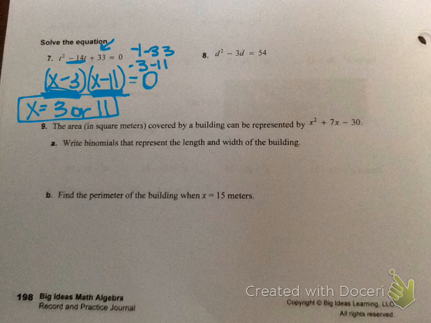On number 8, we have to have this always equal to 0. So we need to subtract 54 from both sides, and so we get x squared minus 3x minus 54 equals 0.